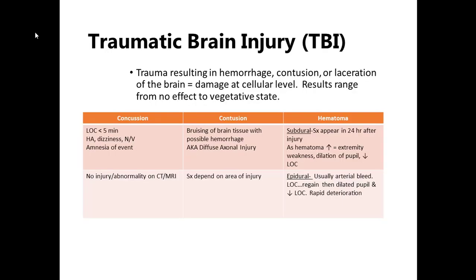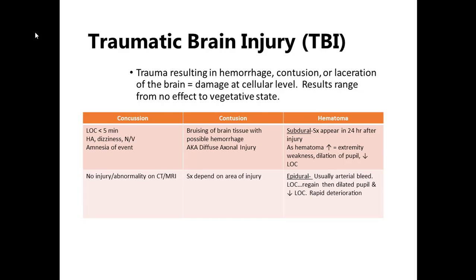All right, TBIs. TBIs are so widespread. It's just any type of trauma that results in a hemorrhage, a contusion, a laceration of the brain, to those cells. It can be minor effects, all the way up to vegetative state.